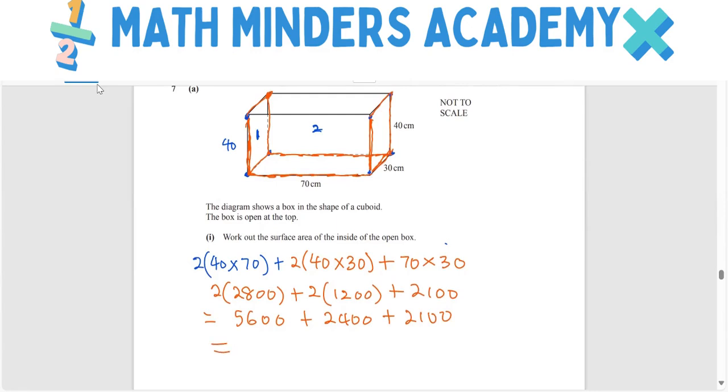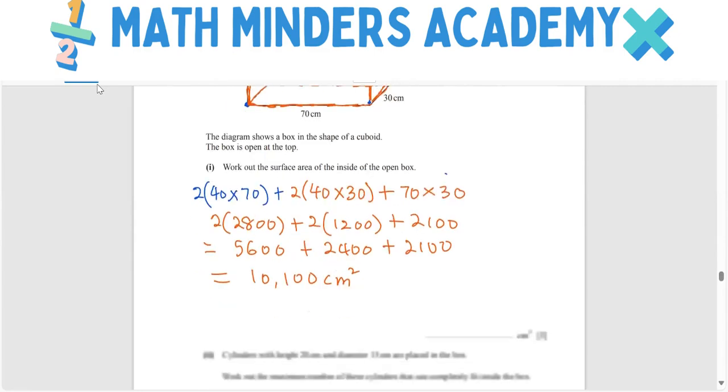We add this together, we are going to get 10,100 centimeters square. So here we write 10,100, okay? That gives us the area that we need.